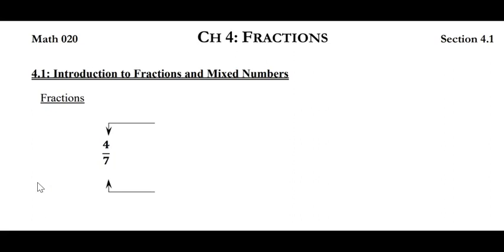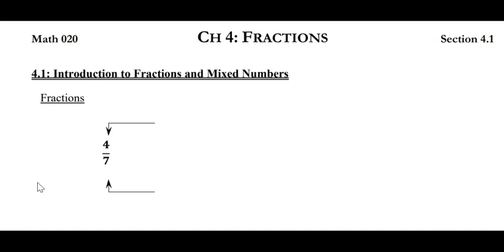In this course so far, we've talked about whole numbers and we've talked about integers. Now we are starting on a new set of numbers, which are called fractions. Fractions, unlike whole numbers, represent part of the whole.